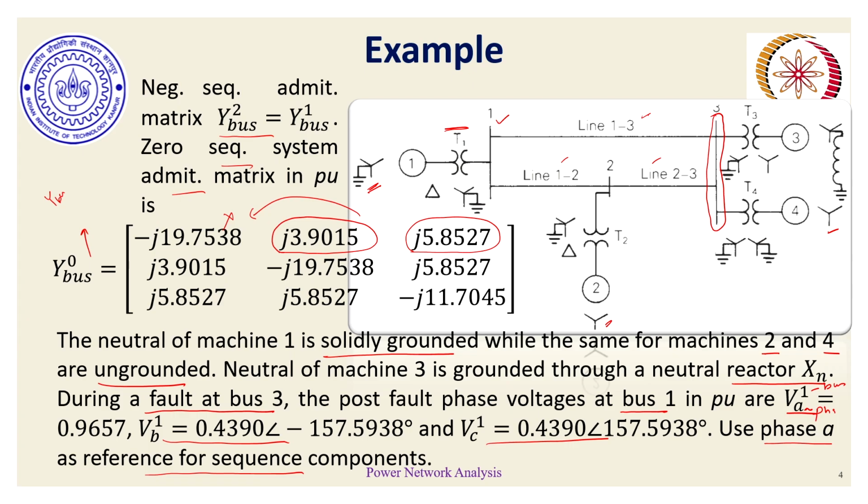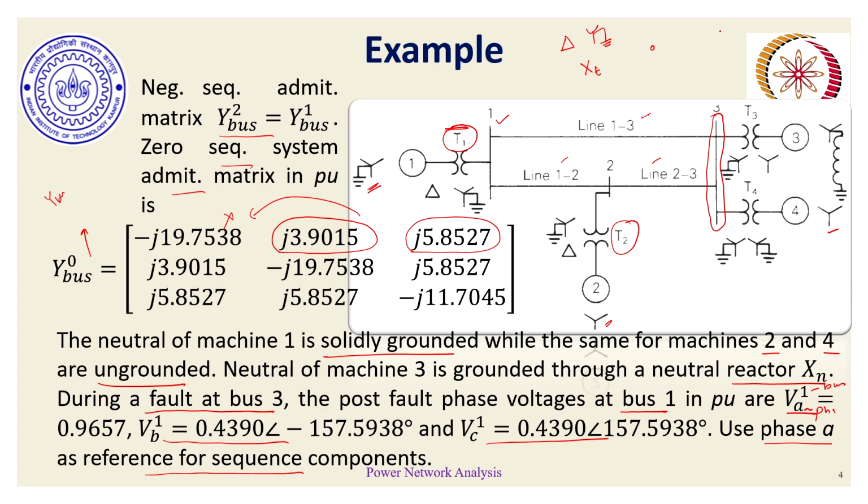So if you recollect, if we had a star delta and star grounded transformer, which is the case for transformer T2 and transformer T1, and suppose the reactance of such a transformer is, let's say, XT, the leakage reactance from the zero sequence perspective.